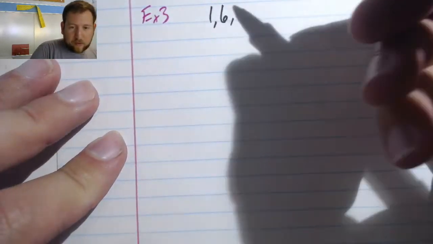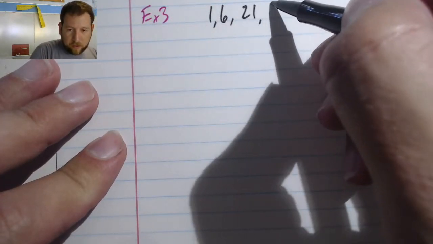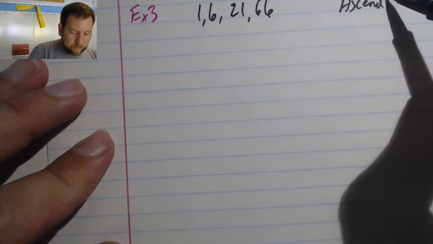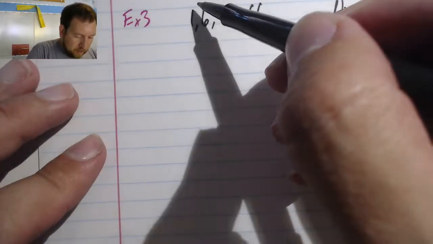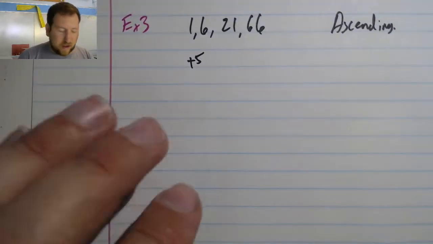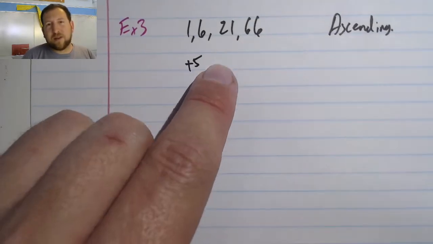This one, let's take a look at number 1 in our homework. It looks like this: 1, 6, 21, 66. Okay, so we are ascending. Let's see, so I could add 5. 1 to 6 is plus 5, but 6 plus 5 is only 11, so that's not right.